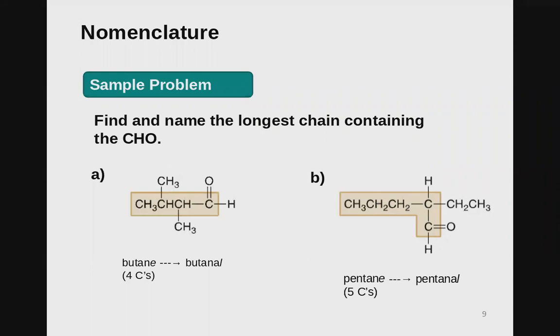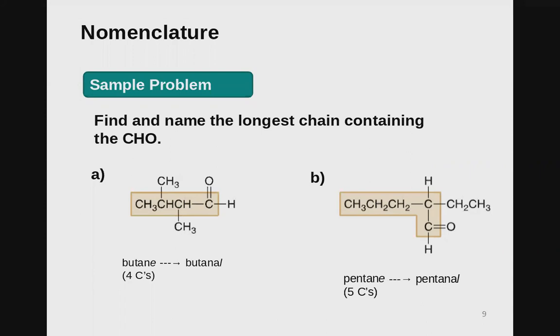What do we have to address? So we have methyl groups. I have 1 here and 1 here. So what would I add to my name? 2, 3 dimethyl. Yeah. So 2,3-dimethyl.